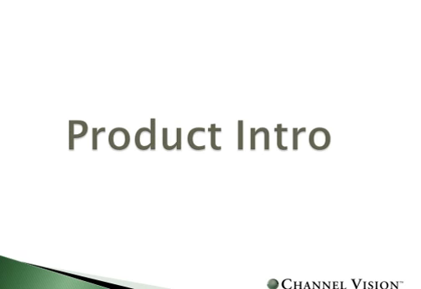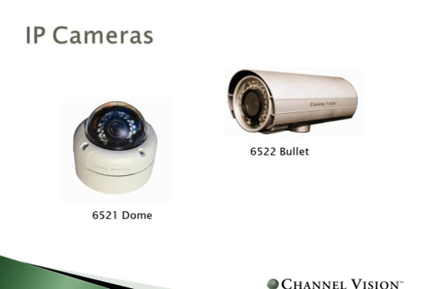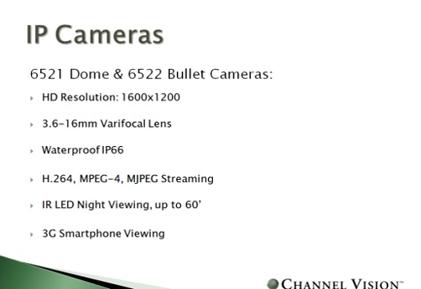Let me introduce you then to our two cameras from Channel Vision. The 6521 is our dome camera. This is a picture of it here. Our 6522 is our bullet camera. Some of the key features are the HD resolution, 1600 by 1200, and a 3.6 to 6.0 millimeter varifocal lens, which allows you to zoom in and zoom out.